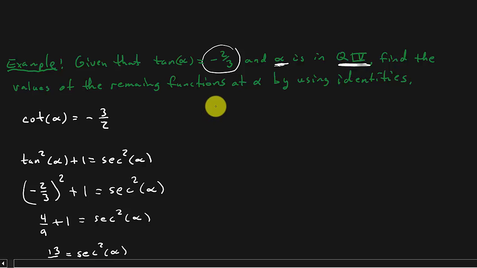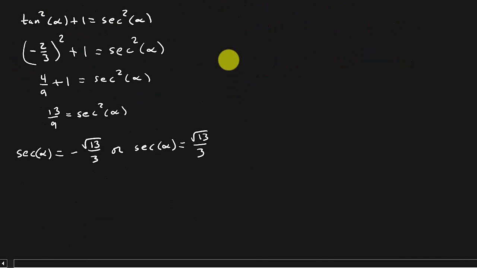All right? And we know that all students take calculus. So we know in quadrant 4, cosine and secant are positive. So we get secant is positive square root of 13 over 3. So it's the positive one. Okay?